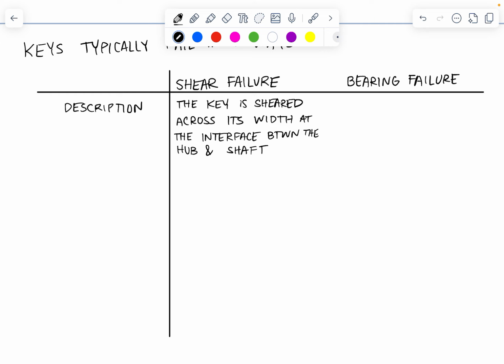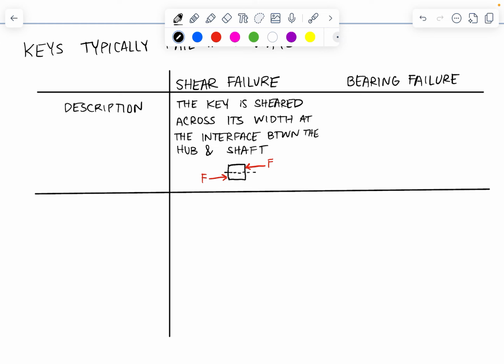So remember that if we draw the loading on a key, maybe a square key like this, then I have a force from the hub that's going in one direction on one side, and I have a force counteracting that from the shaft on the other side. And so one way it might fail is to shear these two halves past each other, right? They're being forced in opposite directions.